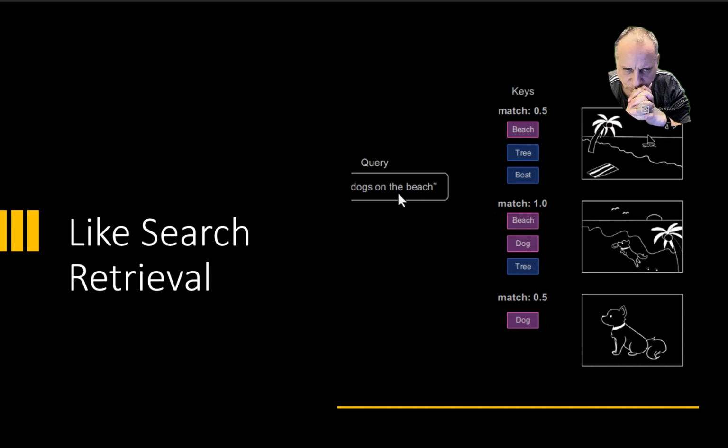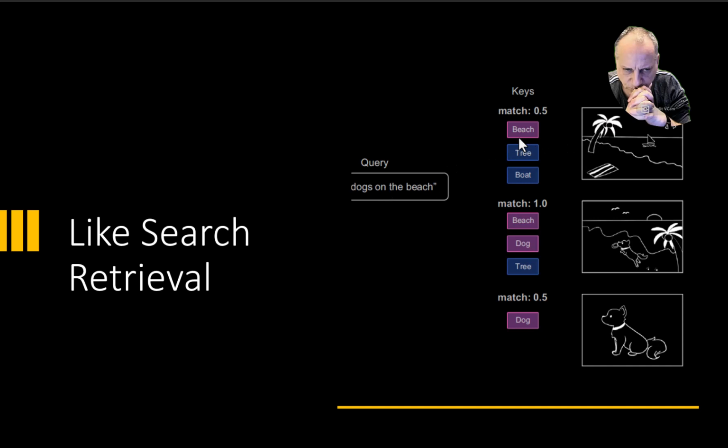This is the query, these are the keys, and the values are the images that we're trying to retrieve. Then we're going to weight the image by the query-key combination.